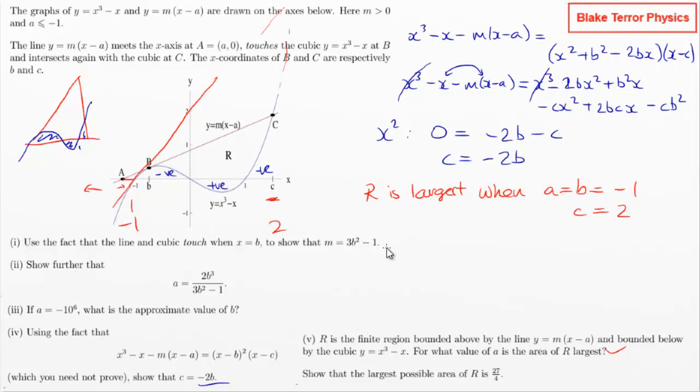So total area, I'm just wondering if these are going to be the same. What was our cubic? Because it's got rotational symmetry. As in, is that area there the same as that area there? And it will be, because if we've got f of x equals x cubed minus x, f of minus x is going to be minus x cubed, and then it's going to be minus x plus x.